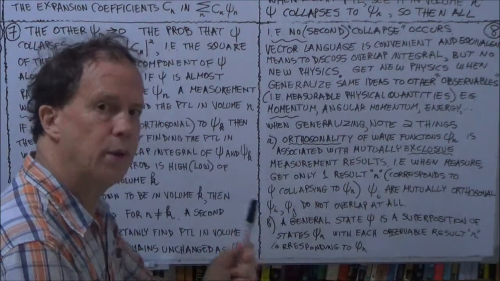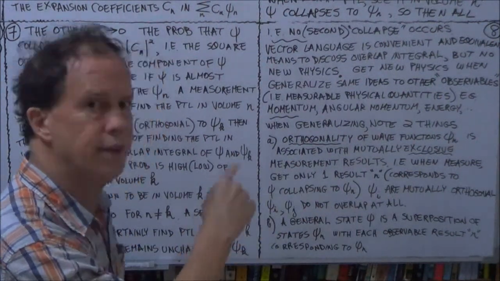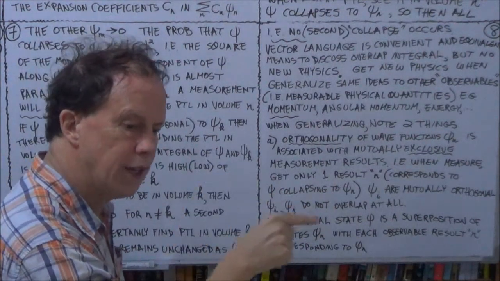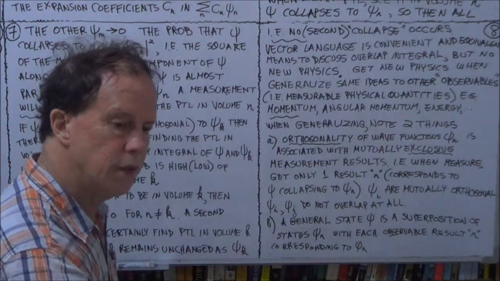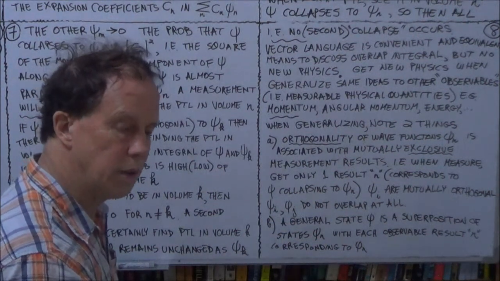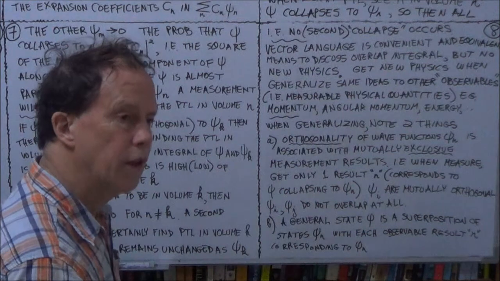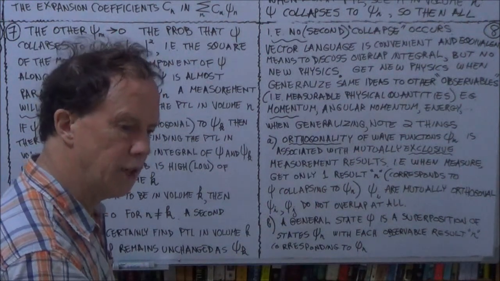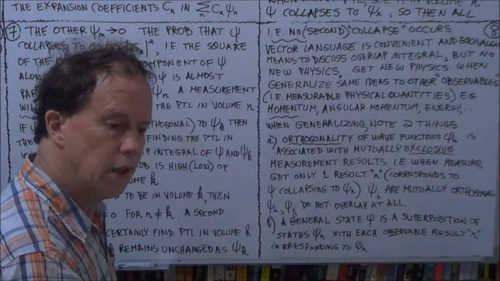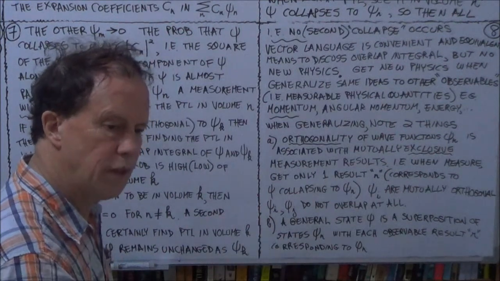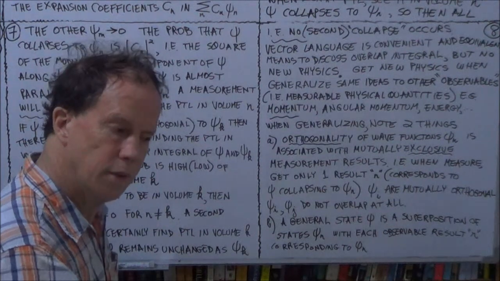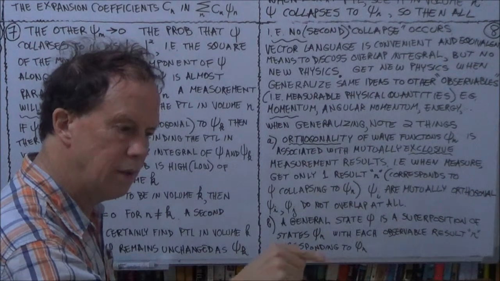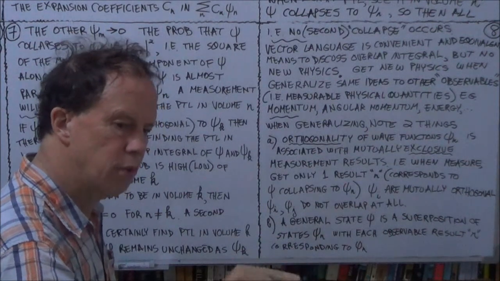You have a superposed wave function, psi equals sigma Cn psi n. Each of those psi n's corresponds to a wave function, a state, that when you measure it gives you a distinct value. So for each psi n, there's a different measurable value.